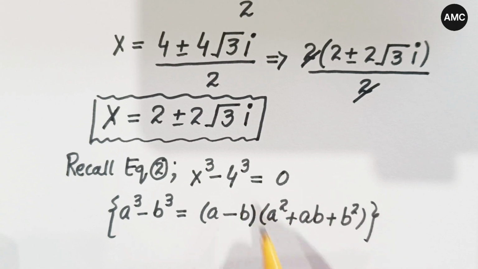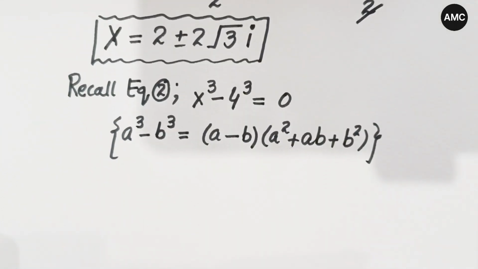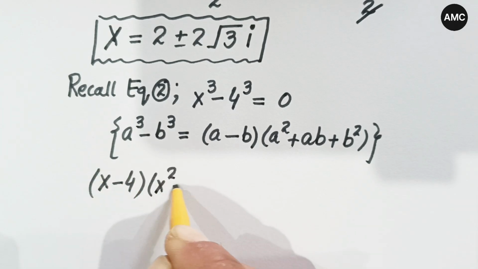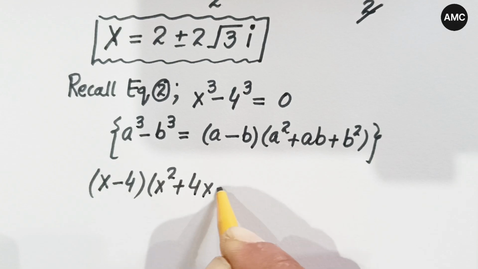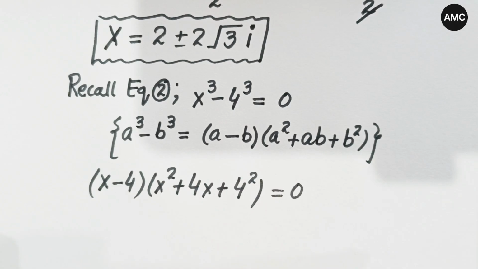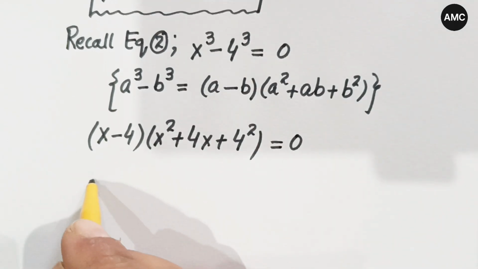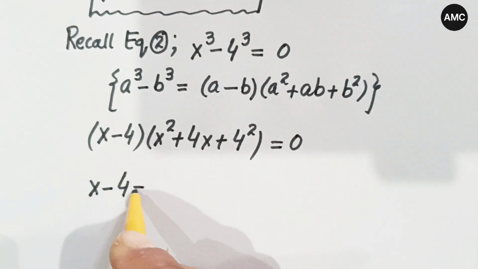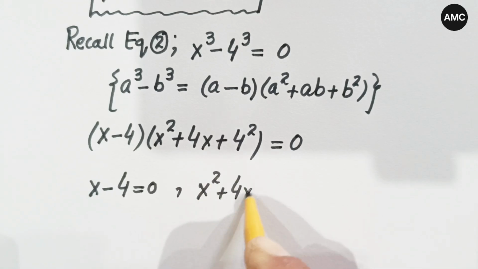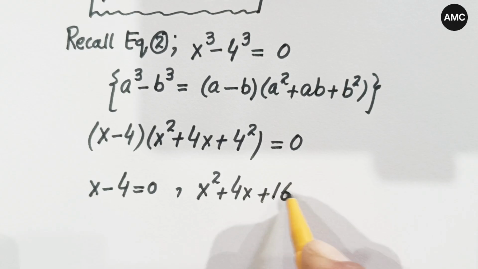So applying this identity here, x cubed minus 4 cubed will be x minus 4 times x squared plus 4 times x plus 4 squared is equal to 0. So here we have x minus 4 is equal to 0 and x squared plus 4 times x plus 4 squared, which is 16, is equal to 0.